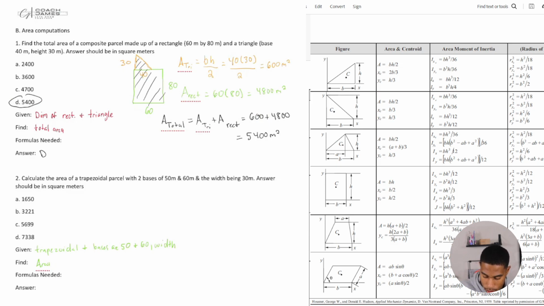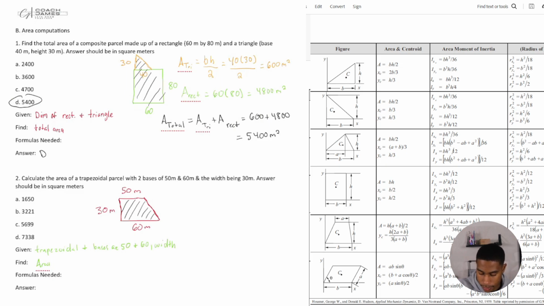So you have a trapezoid. They're basically saying that you have one base of 60 meters, one that is 50 meters, and then you have a width of 30 meters, and it just connects. So what is the area?